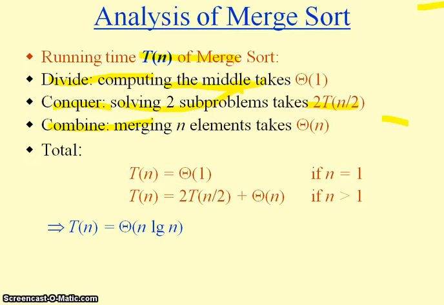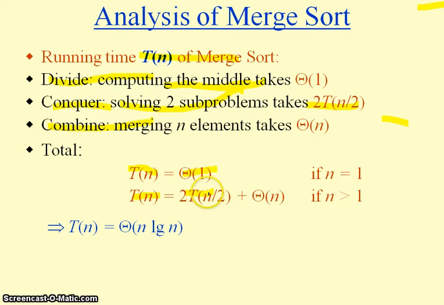Hence the total time is T of n equals theta of 1 if there is a single element, or else T of n is given by the recursive relation 2 T of n by 2 plus theta of n, where T of n by 2 is the time for each half.